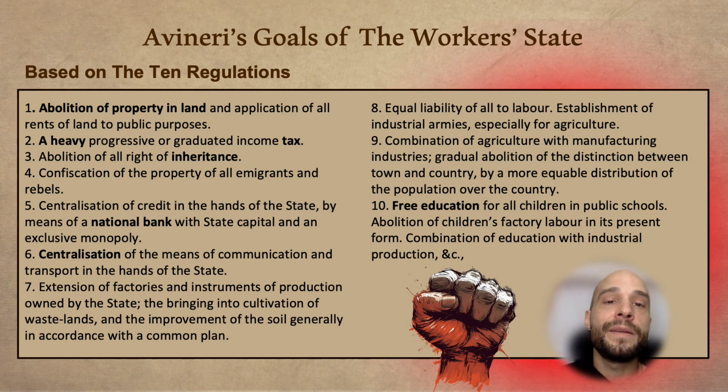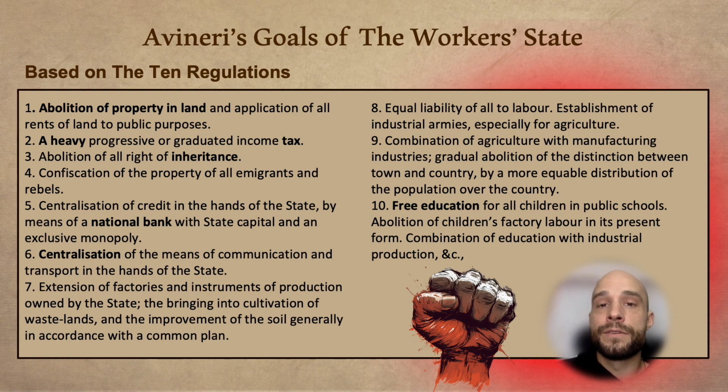Taken together, Avineri reads these regulations as early movements toward all three goals of the worker state: dismantling bourgeois power, socializing decisive economic mechanisms, and laying the groundwork for the eventual Aufhebung of the state itself.